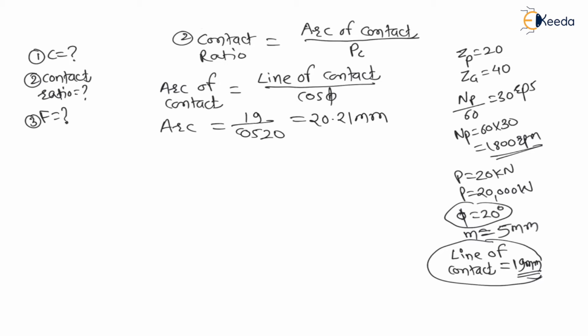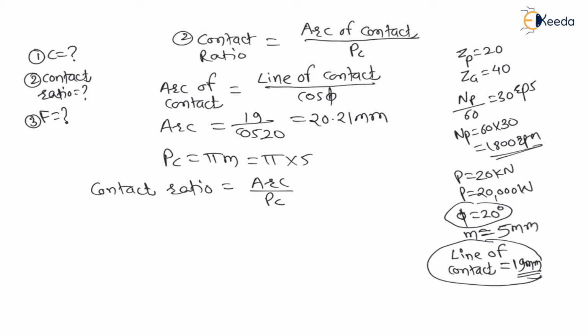And circular pitch, Pc, is nothing but pi times module, which is here 5 pi. Therefore, contact ratio is equal to arc of contact divided by circular pitch, which is 20.21 divided by pi times 5, and solve for contact ratio.